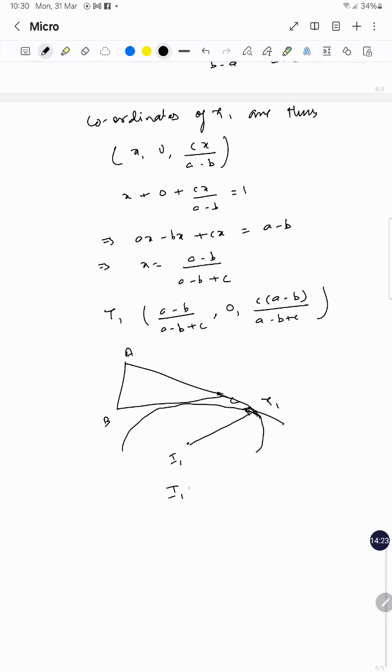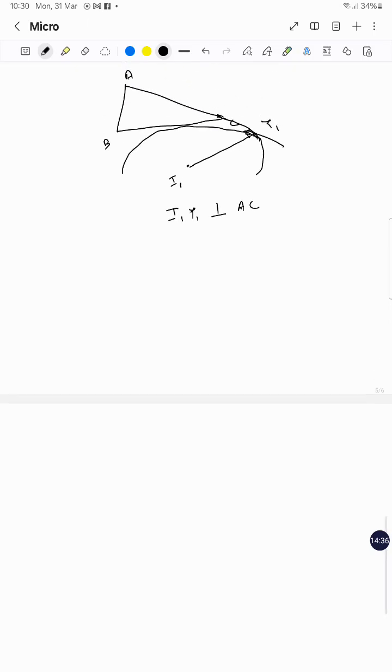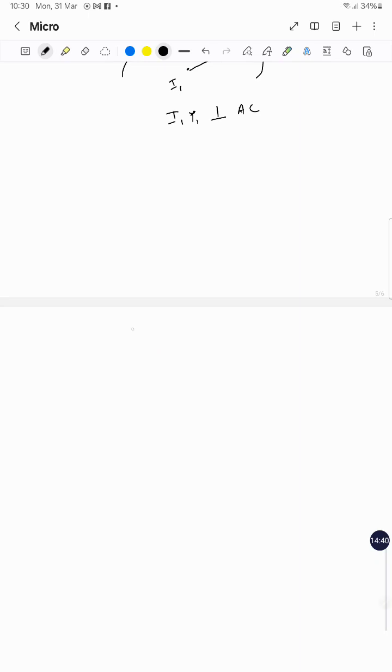So I1 Y1 is perpendicular to AC. In barycentric coordinates, there is another perpendicularity condition which we can express in terms of these coordinates. So let us work through that.